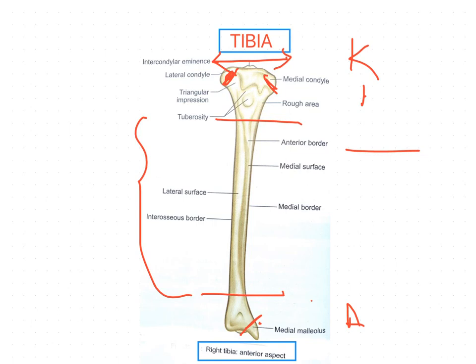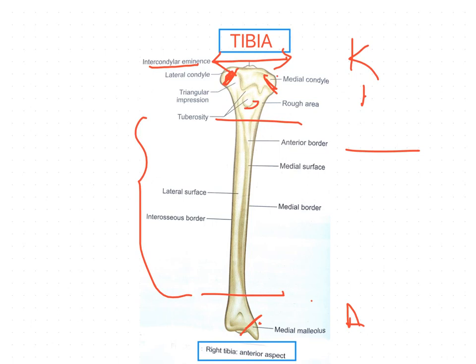Here if you see the upper end, it includes the medial condyle, the lateral condyle, and you can also find the intercondylar area or eminence, as we call it, and in the upper end anterior aspect you can find the tuberosity.